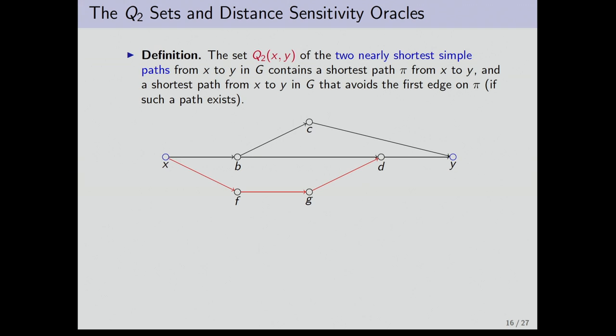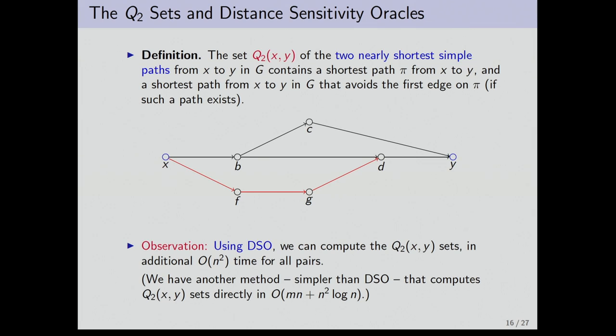So the exact answer we want are the paths xbdy and xbcy. However, Q2 is asking for, well, you take one of these two paths, let's say it takes xbdy, the second path has to avoid the edge xb, so it will have as a second path xfgdy. Now, if it happened that the two shortest paths already started with two different edges, Q2 will be the same as the exact output we want.